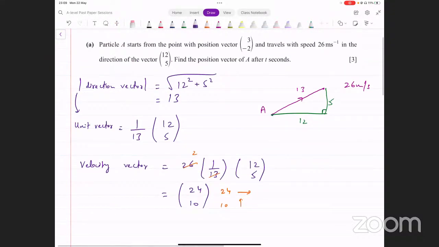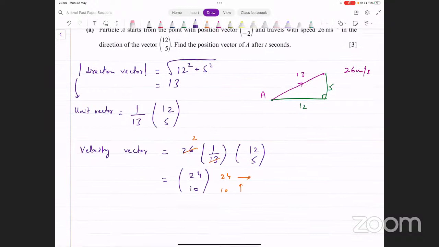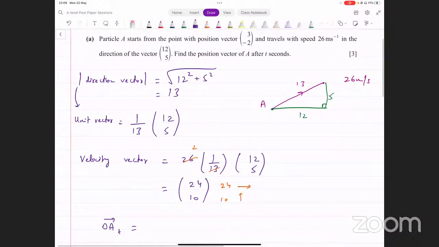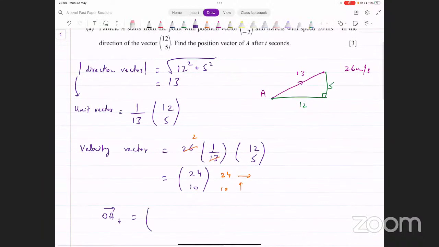वेक्टर ऑफ ए नाउ आफ्टर t सेकेंड्स. उसको हम कैसे लिख सकते हैं, OA आफ्टर t सेकेंड्स. ये क्या हो जाएगा, स्टार्ट कहां से किया, स्टार्ट उसने किया (3, -2) से. सो दैट्स द स्टार्टिंग पॉइंट. अब इसमें क्या होगा, हर सेकंड में वो इस तरह से मूव कर रहा है, 24 यूनिट्स राइट एंड 10 यूनिट्स अप. तो t सेकंड्स में कितना कर जाएगा, दिस मल्टीप्लाइड बाय t.